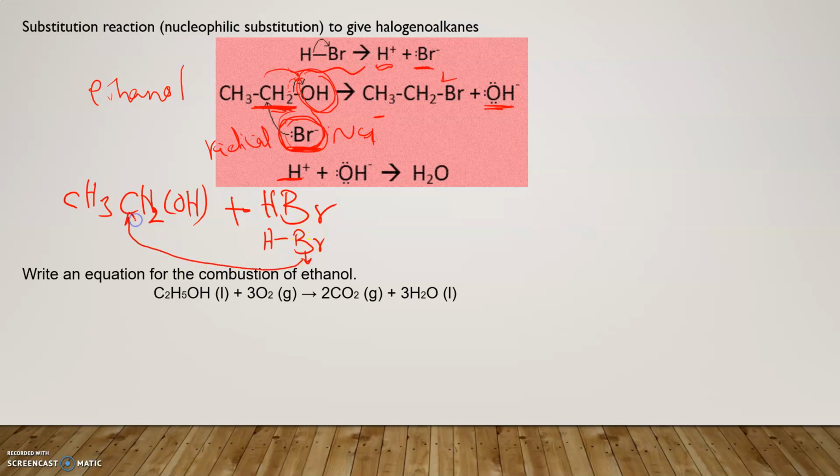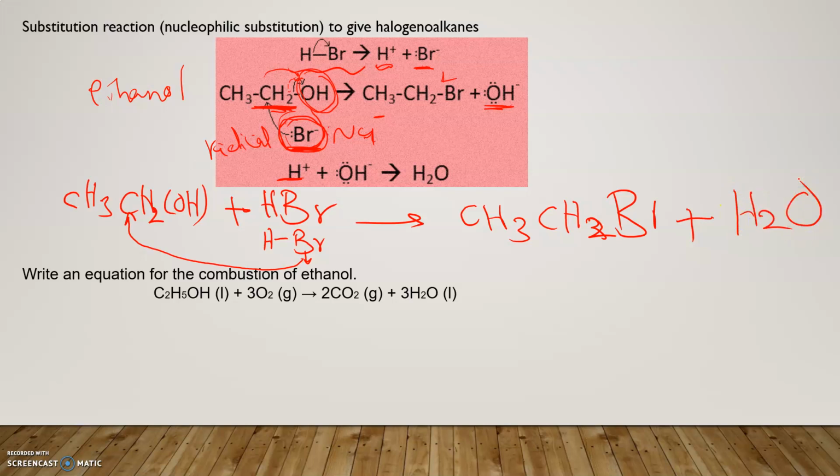The nucleophile will attack this carbon and forms a substitution. So it's CH3CH2Br, and the hydrogen left will react with the OH and form H2O. Okay, this is an easy question.